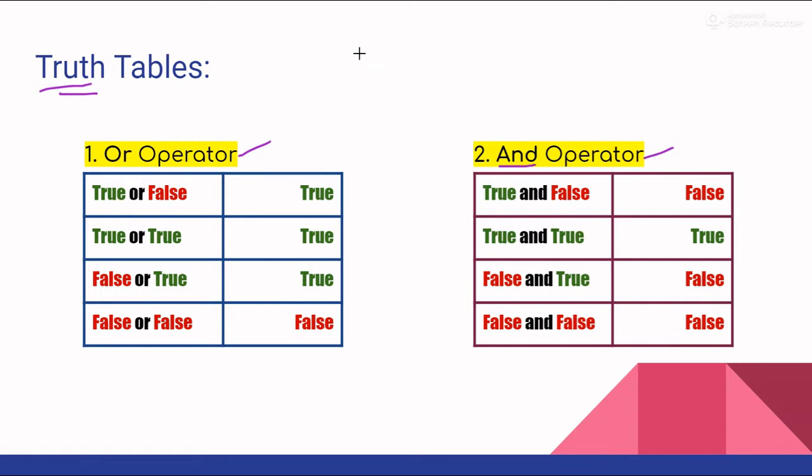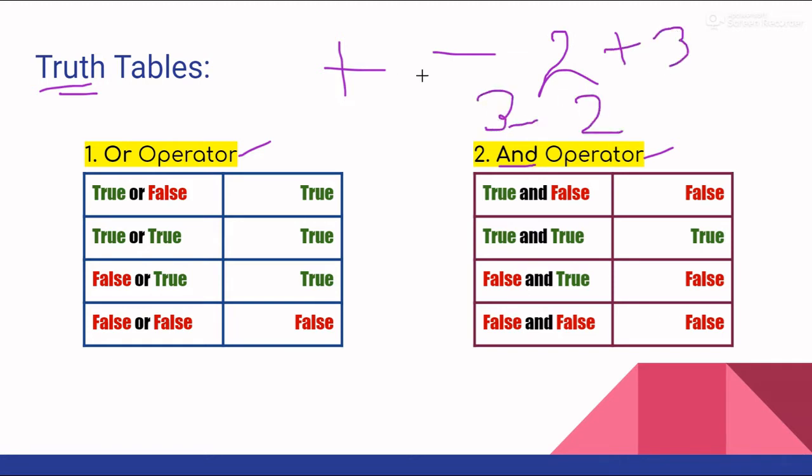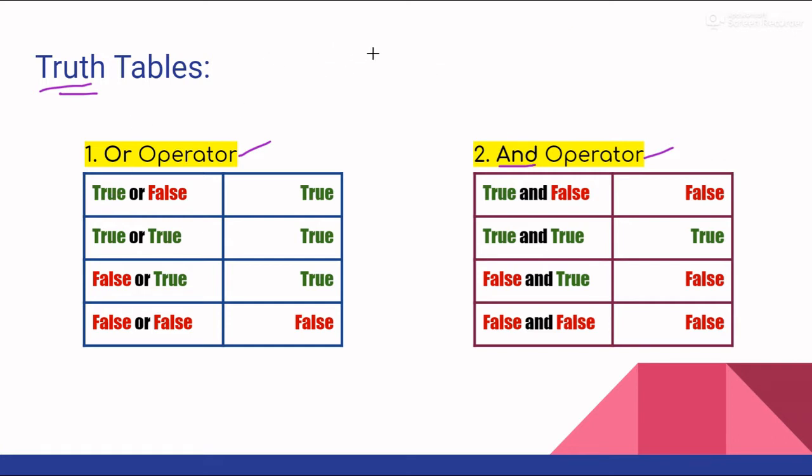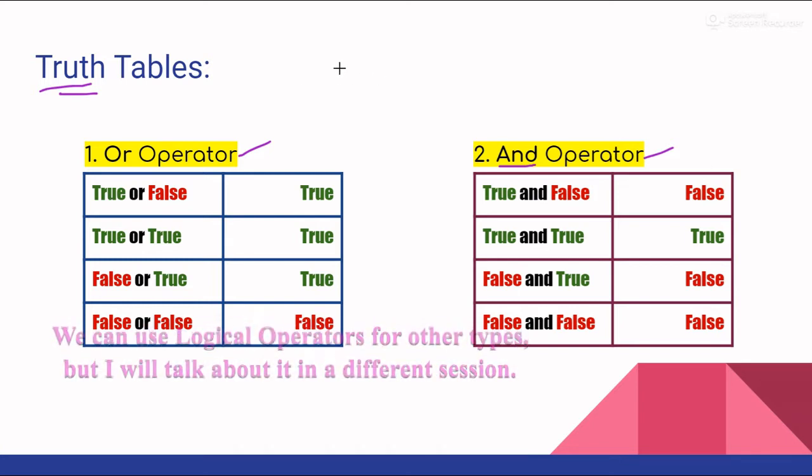Now whenever we work with an operator like plus or minus, we use numbers, right? Like 2 plus 3, 3 minus 2, and things like that. But for logical operators we can't use numbers, we have to use truth values or boolean values.